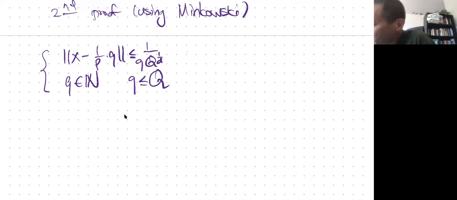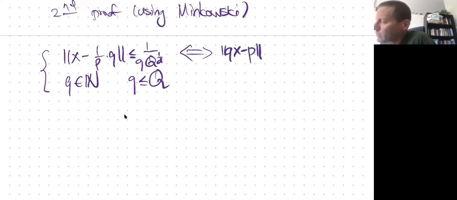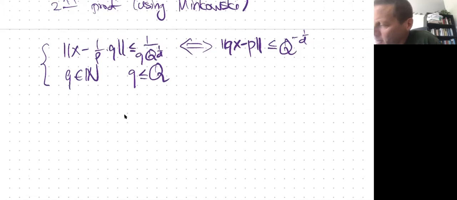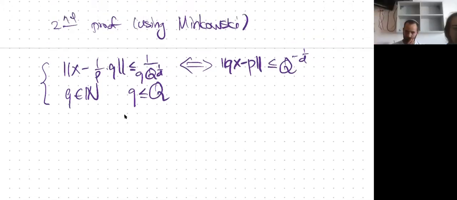And the first inequality, as we saw before, if I multiply through by q, is equivalent to this inequality. So this "if and only if" only refers to the first line. So this statement and this statement are equivalent. And we want.